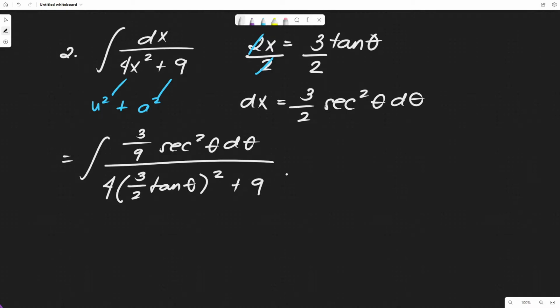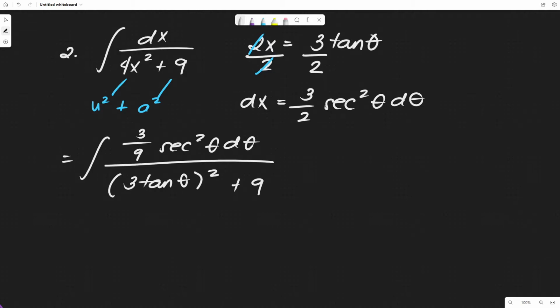Or yung iba pwede nyong gawin is, since 2x is equal to 3 tangent theta, pwede nyong ibuo na lang. Since 4x squared, pag kinuha natin yung square root, 2x, so we have buo 3 tangent theta squared.